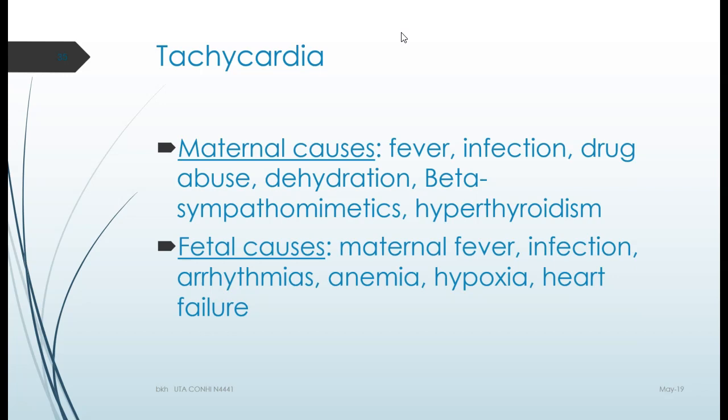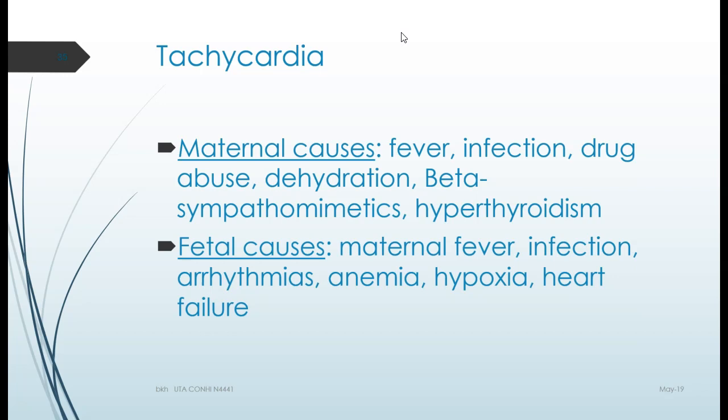If mom's dehydrated, we don't have a good blood flow through that umbilical cord and through that placenta. Therefore, we don't have good oxygen going to our baby. And the only thing our baby can do about that is speed up their heart rate because they need more oxygen.